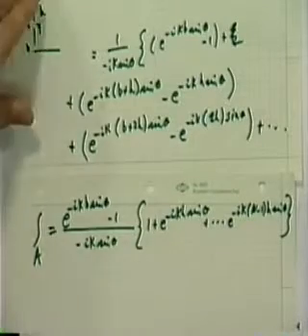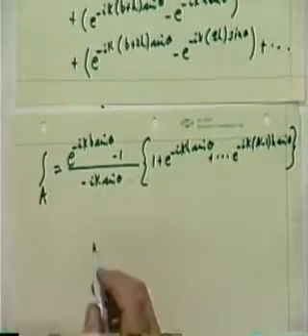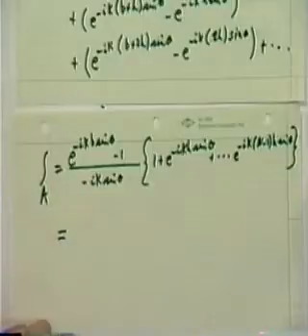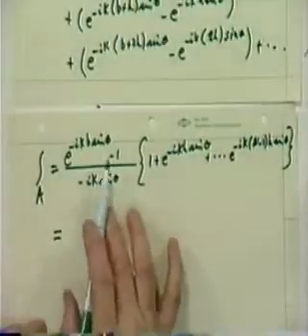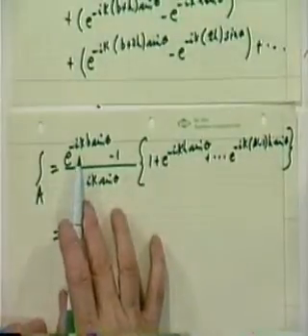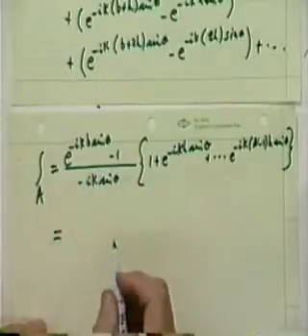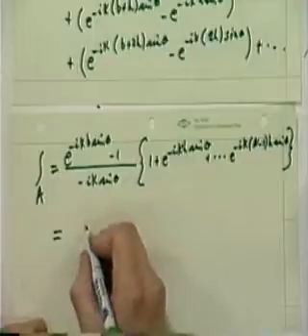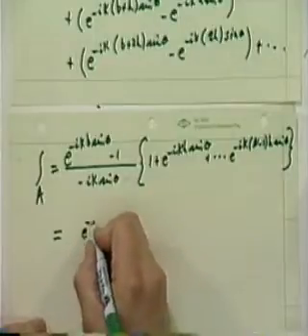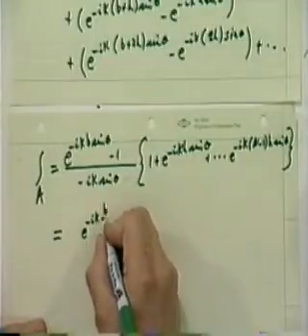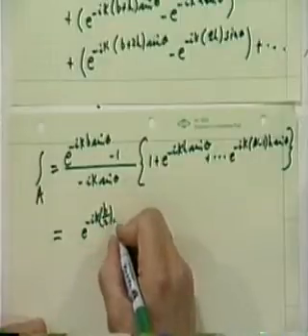Okay. So we look at this, and the first guy we could factor out an e to the minus ik b over 2 sine theta.